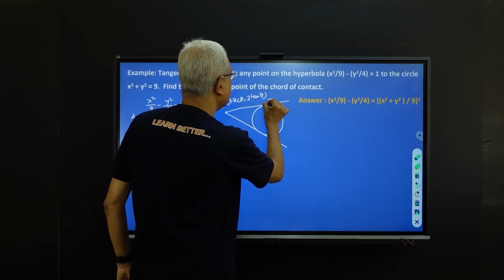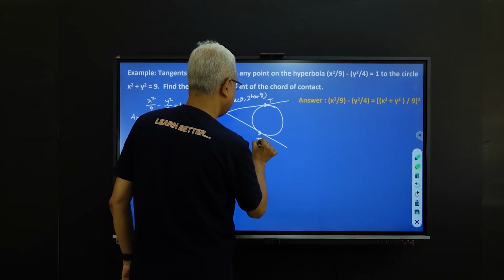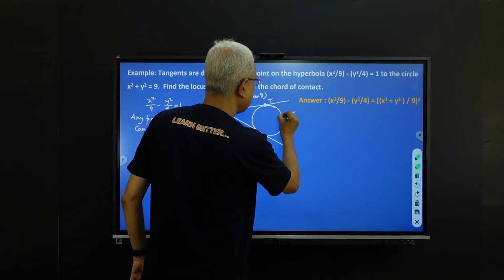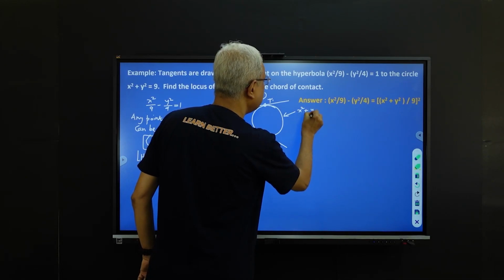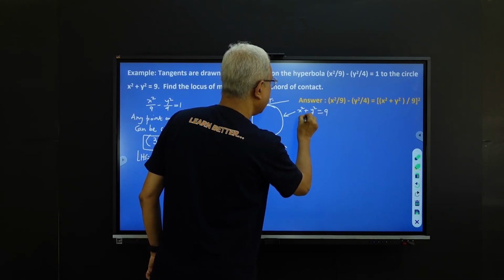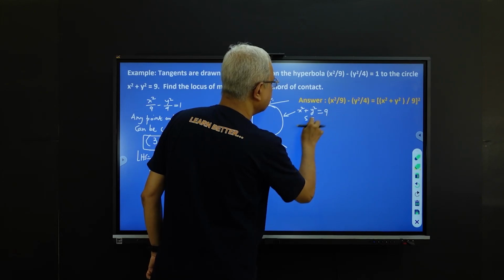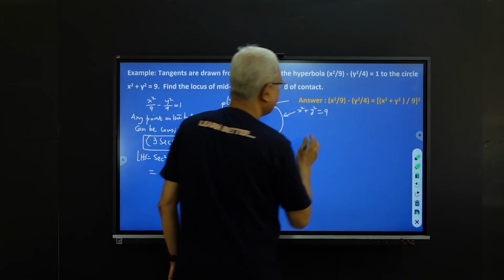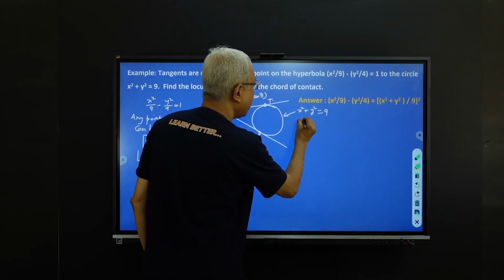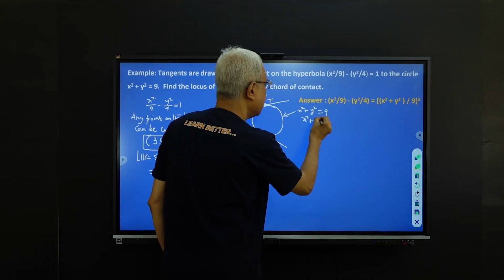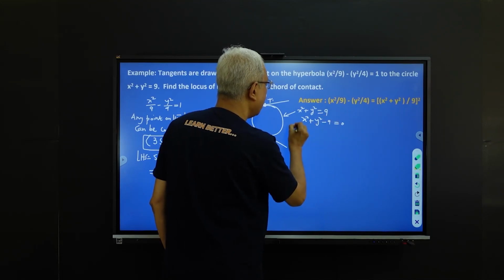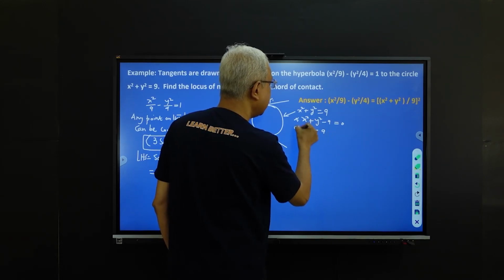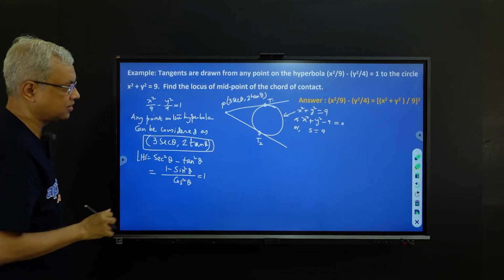So these are T1, T2, to the circle, and this circle's equation is x square plus y square equal to 9, or I can write x square plus y square minus 9 equal to 0, or S equal to 0, where S is x square plus y square minus 9.